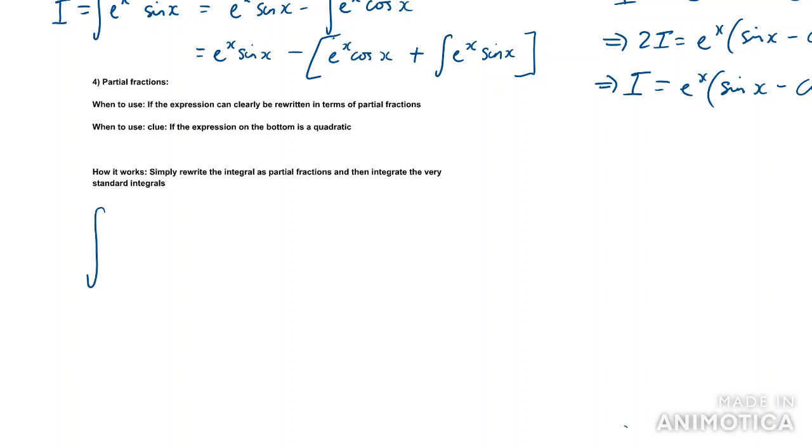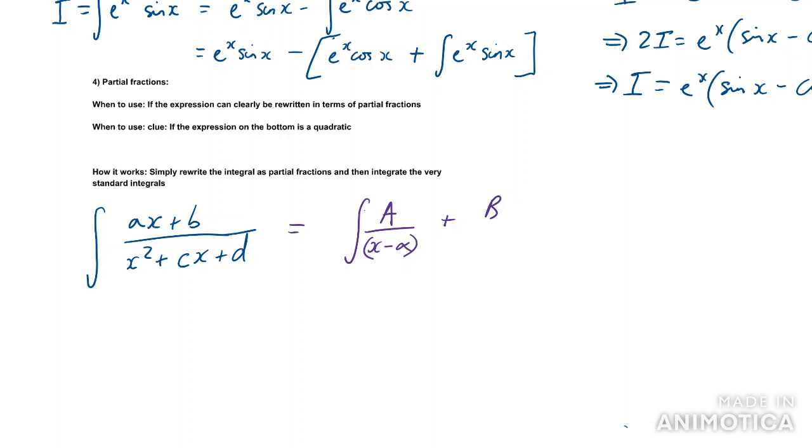So if you see an integral like this, let's say it's something like (ax plus b) over (x squared plus cx plus d), well, that is going to be pretty tricky to integrate in its current form, but you should know from partial fractions that this could be rewritten as the integral of some number over (x minus alpha), where these are the roots of the quadratic on the bottom.